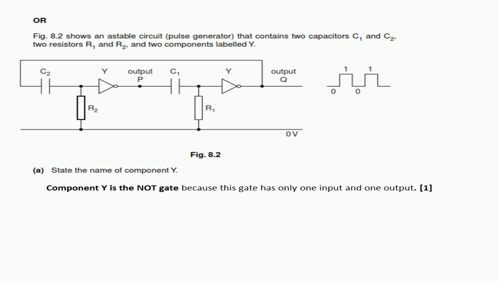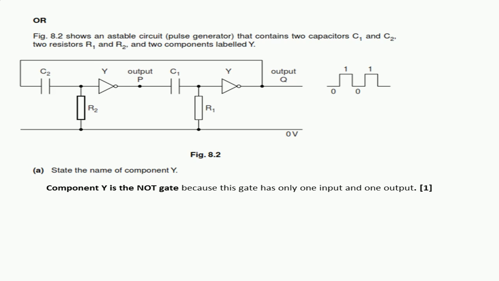Figure 8.2 shows an astable circuit pulse generator that contains two capacitors C1 and C2, two resistors R1 and R2 and two components labeled Y. Part A, state the name of component Y. Dear student, the name of component Y is NOT gate.